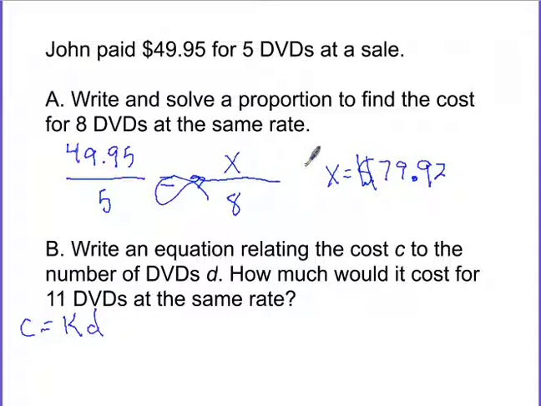Now, how do you find the K value? We've been doing it all along. Unit rate. Unit rate is the K value. So K equals, how do I find a unit rate in this problem? Up here at the top, use this information. 49.95 divided by 5. That's going to be my K value.